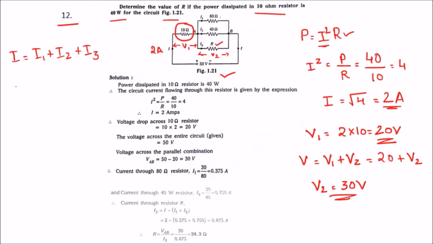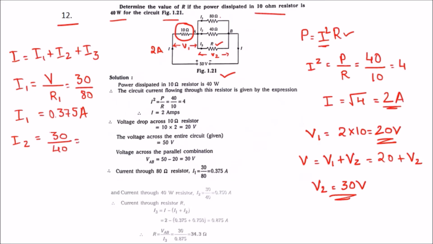So I1 is equal to V divided by R1, that is 30 divided by 80. So we got I1 value that is 0.375 amps. Let us find out I2 in the same way, 30 divided by 40. So we got the I2 value that is 0.75 amps.